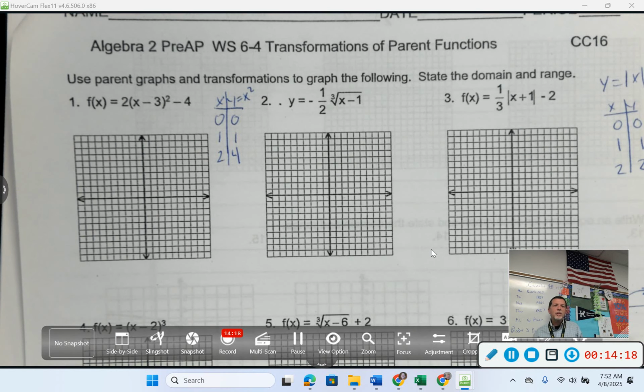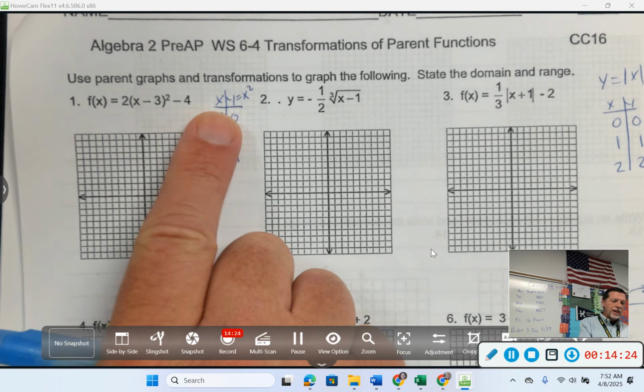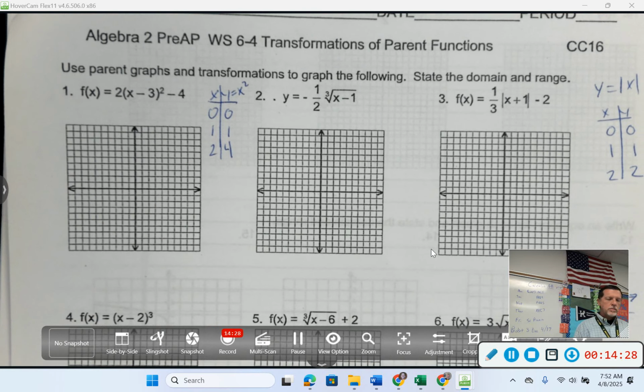You just plug numbers into the parent function and create your table, and then use your transformations that you're so good at, and then graph the thing. So I think a easy worksheet.